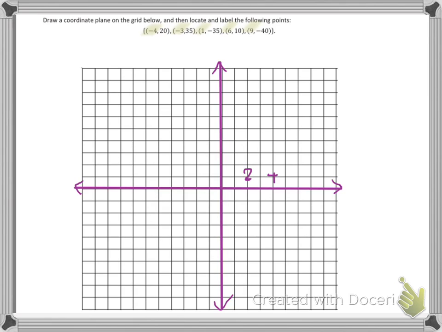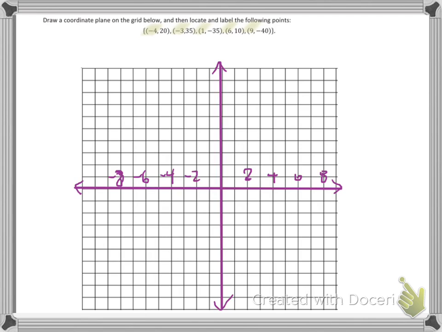Here's 4, 6, 8. Okay, that's fine. And then over here, -2, -4 would be here. -6 is there. -8. Okay, so there's our scale for the x-axis. All of our x values will fit on there, so that's good.